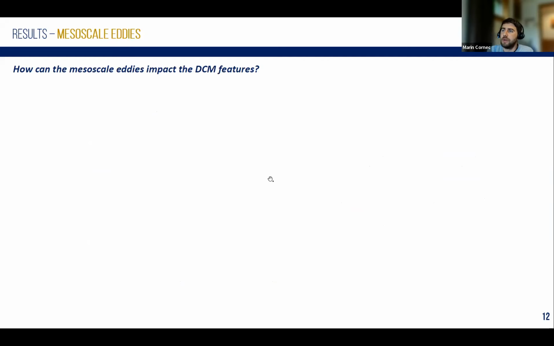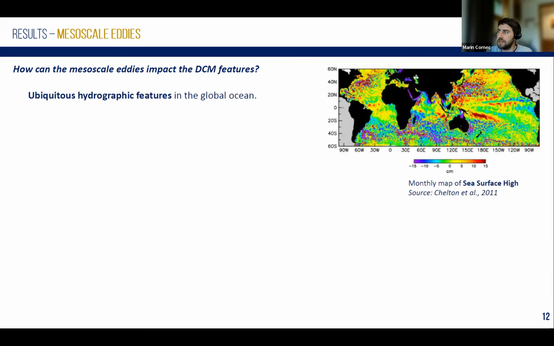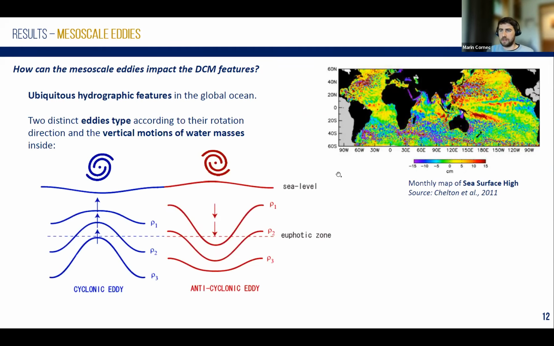Finally, we look at the impact of mesoscale eddies on the deep chlorophyll maximum features, knowing that mesoscale eddies are ubiquitous in the global ocean, as shown in this map of the sea surface height from Chelton et al. 2011. We can distinguish two types of eddies according to their rotation direction in the horizontal plane: the cyclonic eddies, which induce an upward motion of water masses in their core, and the anticyclonic eddies, which induce downward motion of the water masses.